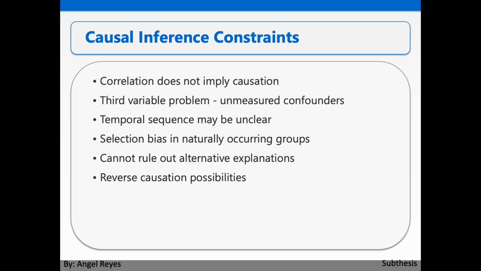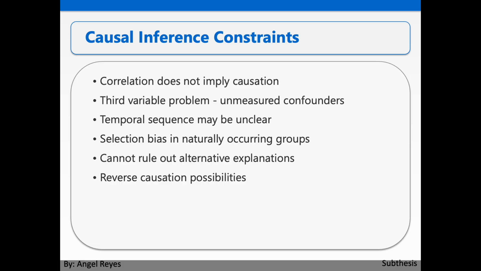Temporal sequence may be unclear. In cross-sectional research, we're taking a snapshot at one point in time, so we can't determine which variable came first. Did depression lead to poor sleep, or did poor sleep lead to depression?